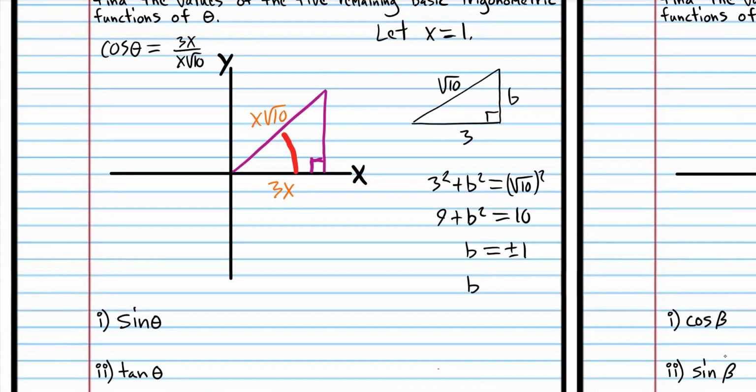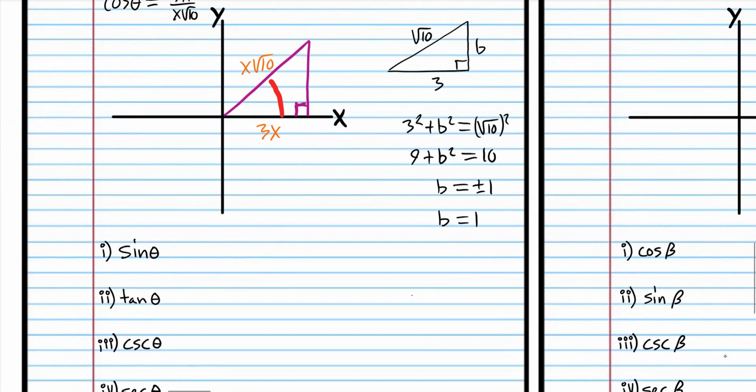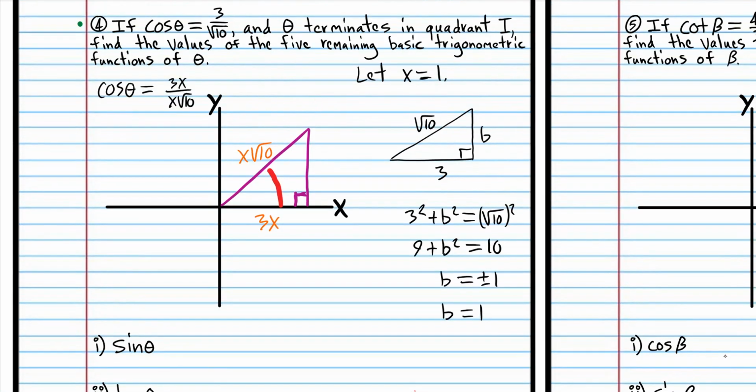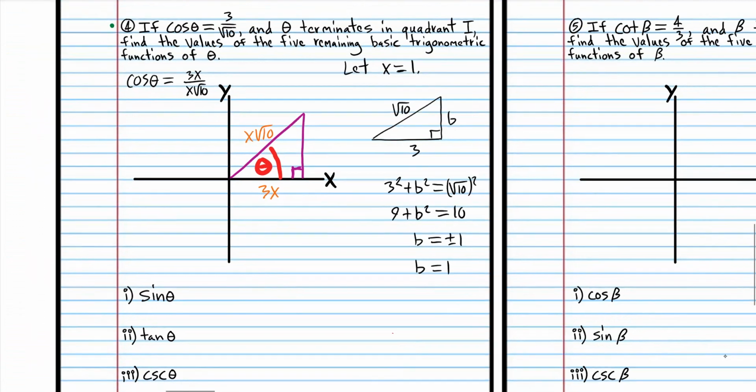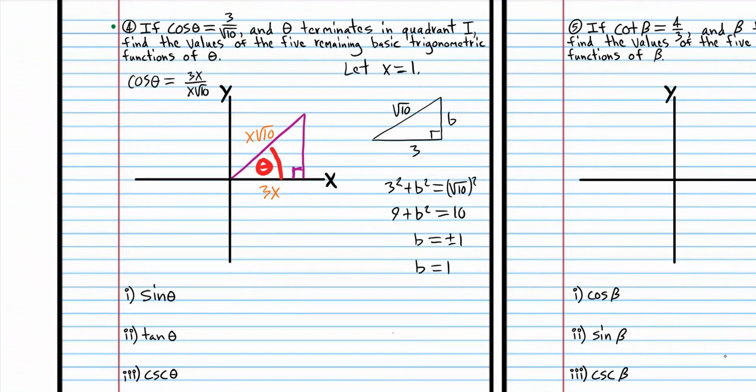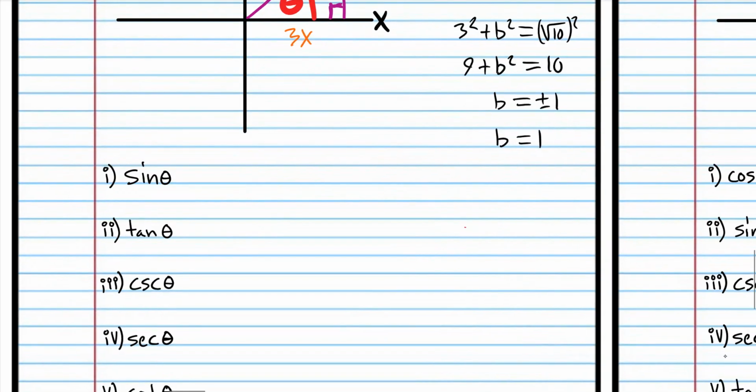And the question is, is b going to be positive 1 or negative 1? This side is above the x-axis, so it's going to be positive 1. And by the way, let's call that angle theta. So again, the reference angle in this case is the actual angle.